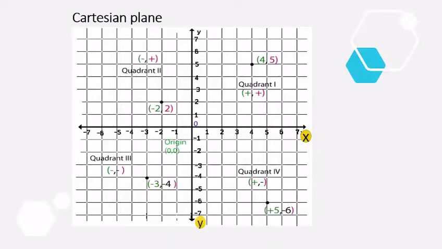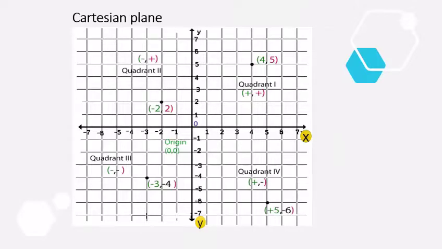X-axis shows positive numbers on its right side of origin and negative numbers on its left side. Y-axis shows above origin all positive numbers and below negative numbers.